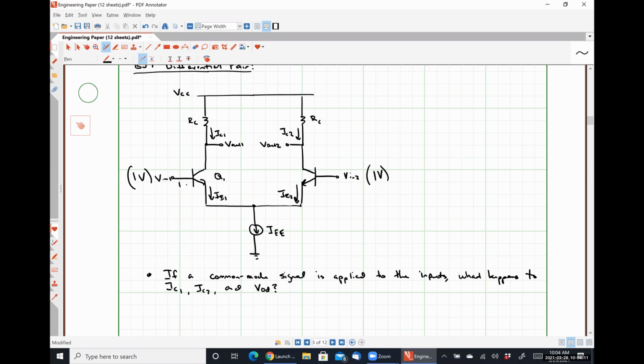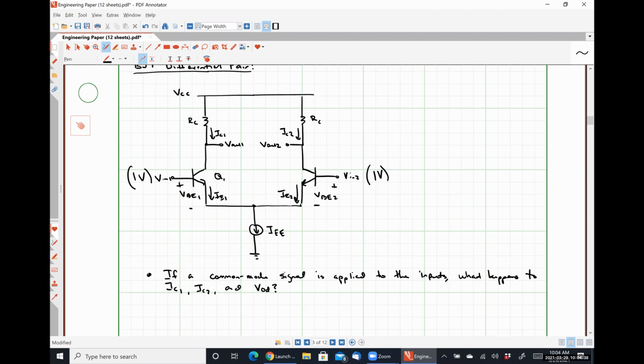This is the base, this is the emitter, this is the base, this is the emitter for transistor 2. What is the relationship between their base emitter voltages? They have to be identical, right? We're applying the exact same signal to both of the inputs.